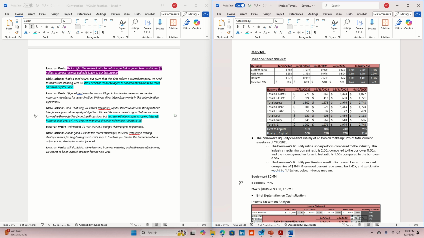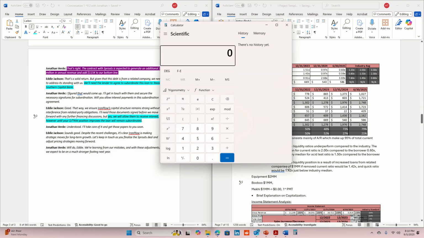But remember, the interest is 9%, so 0.09 times 1 million. They can get paid $90,000 in interest every single year, right?